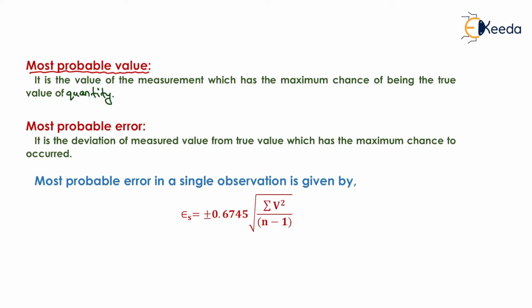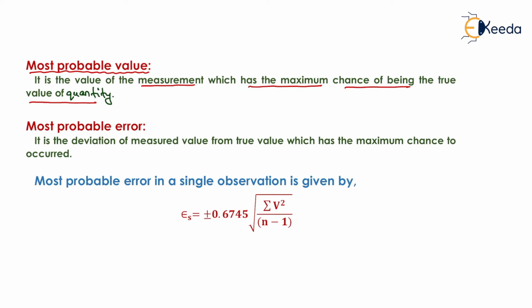Most probable value is the value of measurement which has the maximum chance of being the true value of the quantity. It means that it is very close to the true value of the quantity, because we cannot measure the true value, so we have to measure the most probable value, which has the maximum chance of being the true value of the quantity.